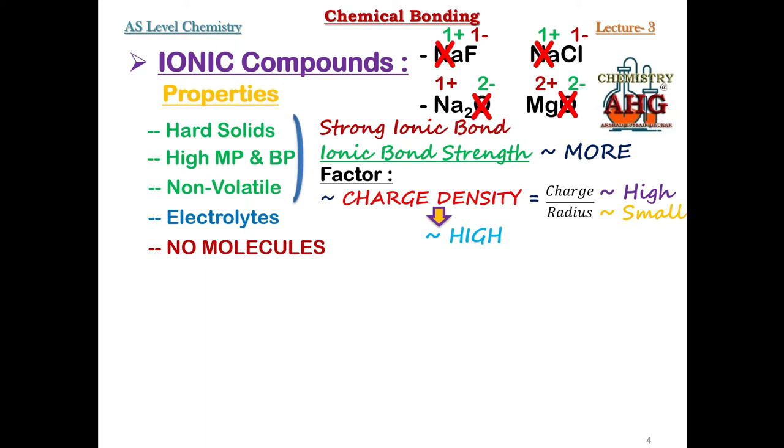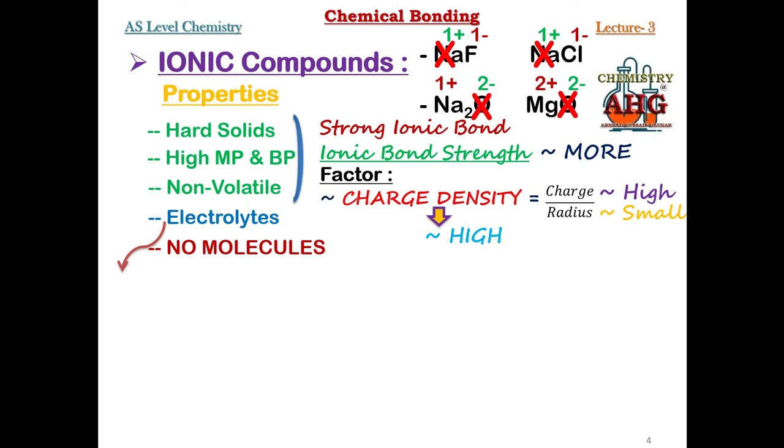Moving on, what information must you remember about the electrolytic nature of ionic compounds? One thing you must know, what is an electrolyte? Whenever you are asked to define electrolyte, remember that there are two important pieces of information that you must mention while writing the definition. What is an electrolyte?